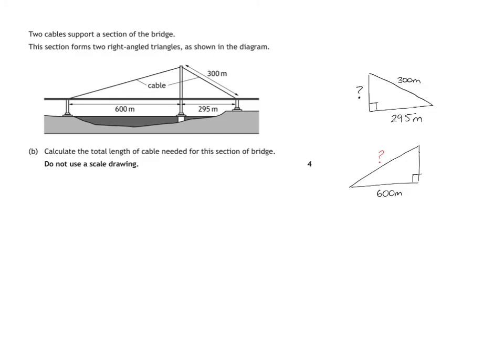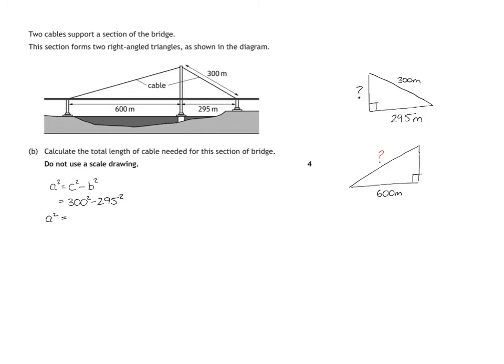So for the first one, we're finding a shorter side of my triangle, because we already have the hypotenuse. So when we're finding the shorter side, we're going to subtract. So we get a squared is equal to c squared minus b squared. So we have 300 squared, take away 295 squared, which gives me my a squared.